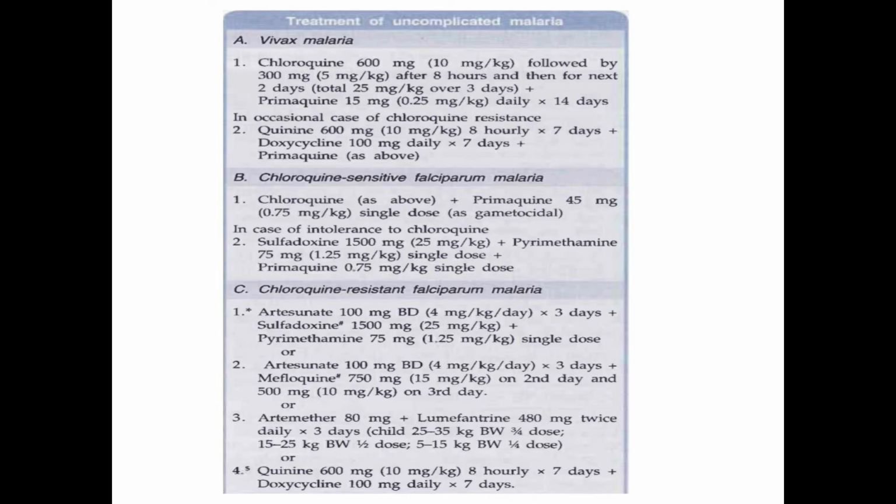And for the chloroquine sensitive falciparum malaria, we can manage the patient with chloroquine and primaquine in a dose of 45 milligram single dose. So, this chloroquine is a rapid acting blood schizonticide and sometimes it has gametocytocidal activity also.